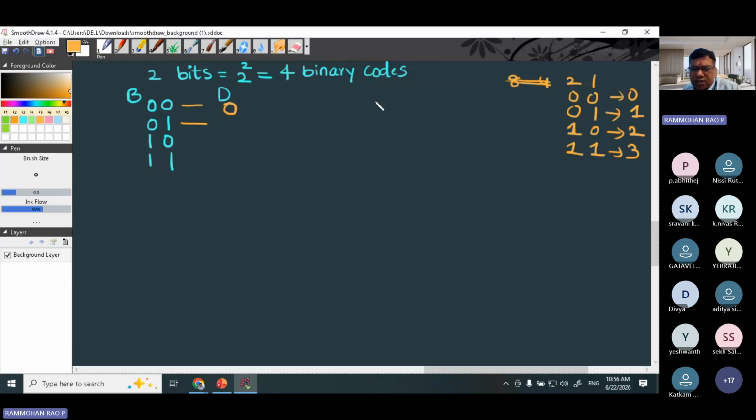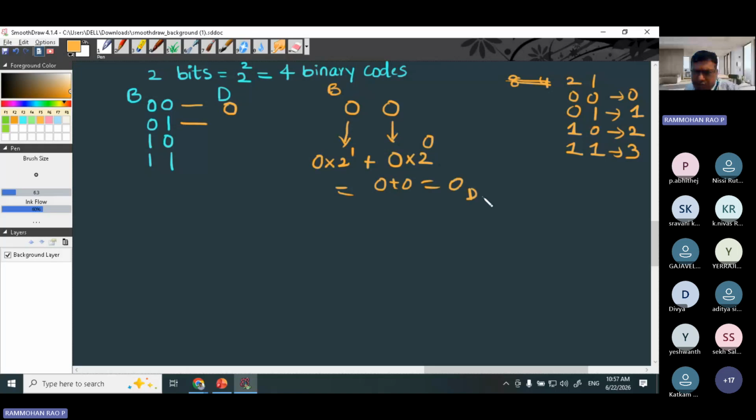What is multiplication? For example, let me take 0, 0. This is binary, right? How do I generate the equivalent decimal value? Multiplication method. This is the first bit, right? 0 into 2 power 0 plus 0 into 2 power 1. 0 into anything is 0. Final answer is 0.